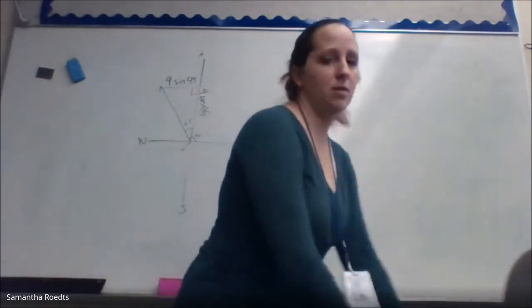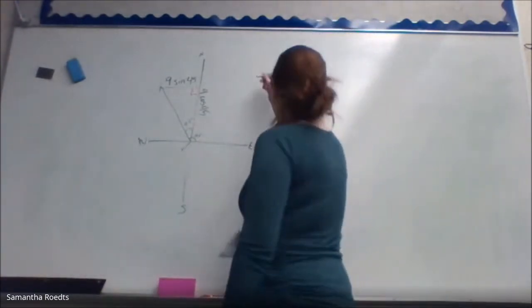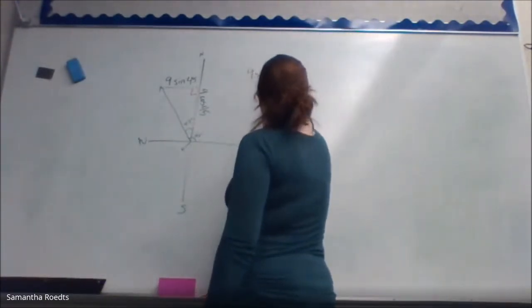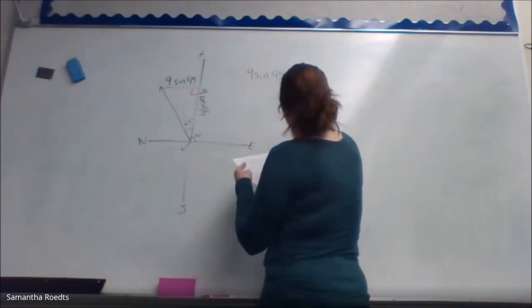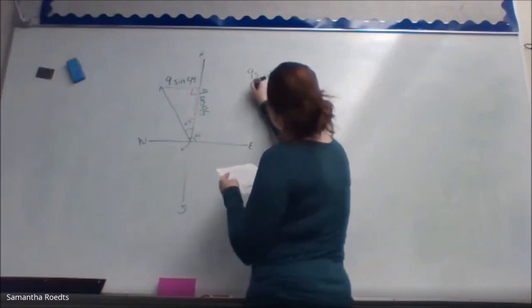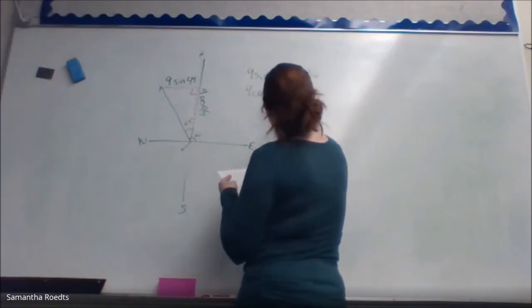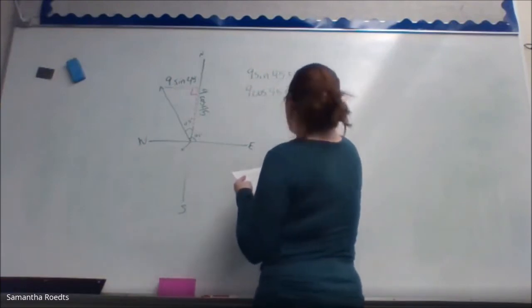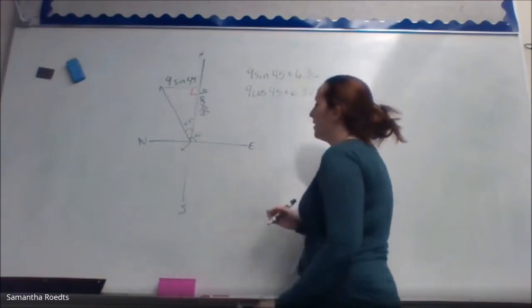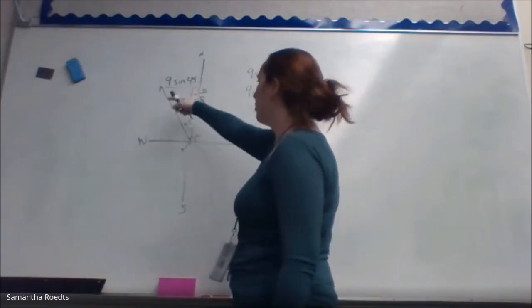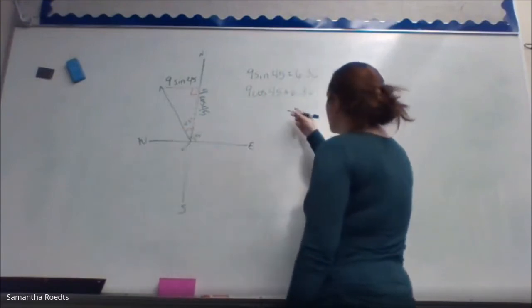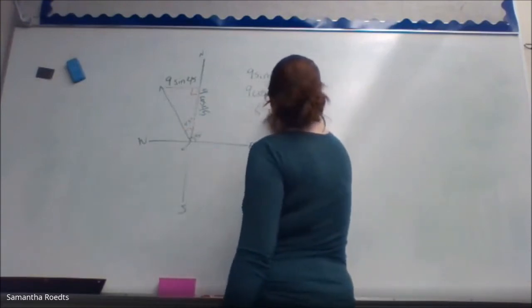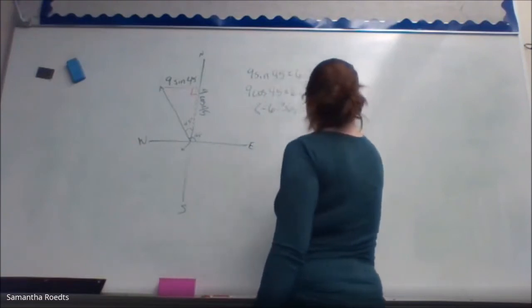So now when I'm finding this, 9 sine of 45 degrees equals about 6.36. 9 cosine of 45 is also about 6.36. Okay, so I'm going northwest, so my x value is going to be negative, just so we know. So when I write this in component form, I have negative 6.36, positive 6.36.